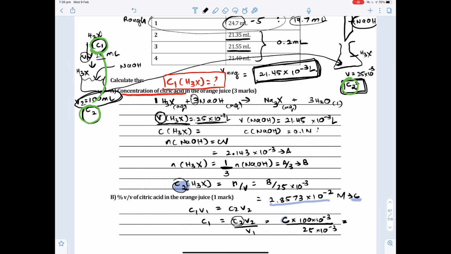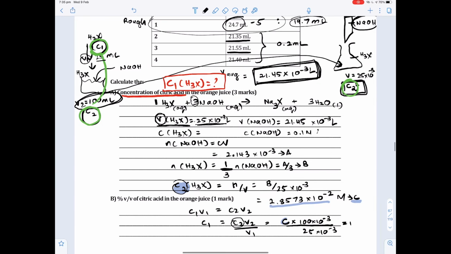And what's our final answer? 1.143 times 10 to the minus 1 molar. Good. Is it minus 1? Yeah, minus 1. All right, so isn't that just 0.1143?